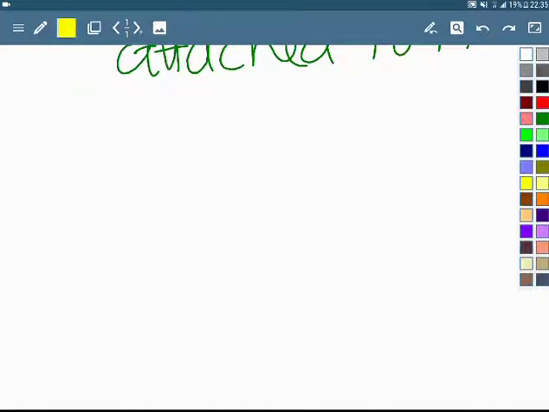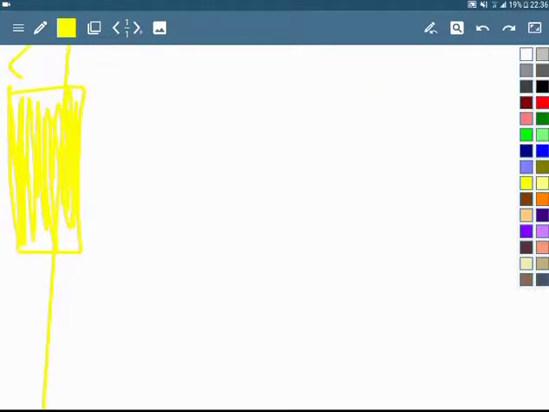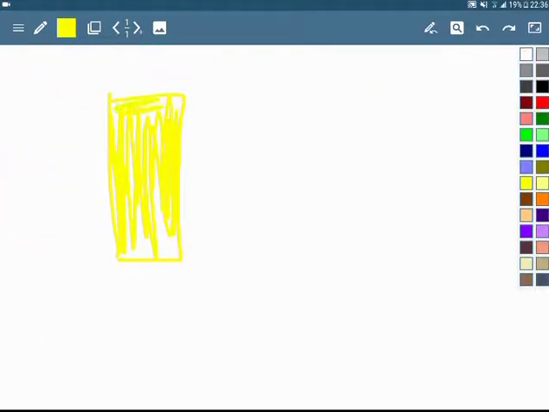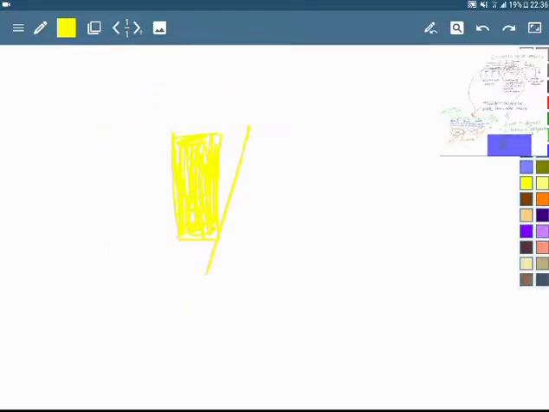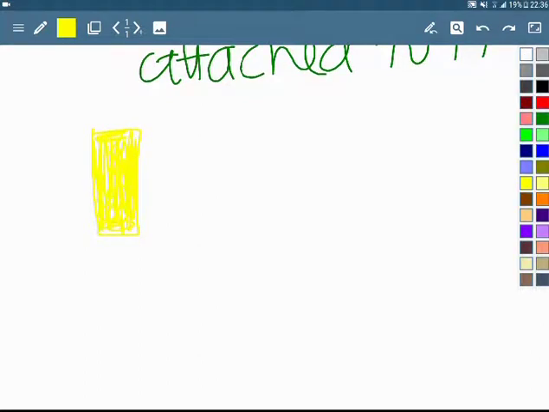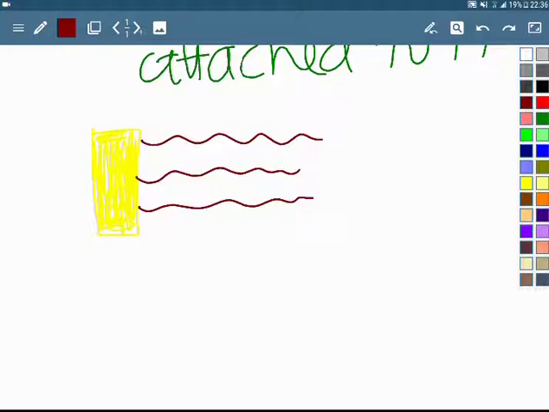So I'll make glycerol yellow. Okay, I'm not gonna do that much, whatever. Okay, and I'll make the fatty acids of this color. Okay, so this is glycerol.